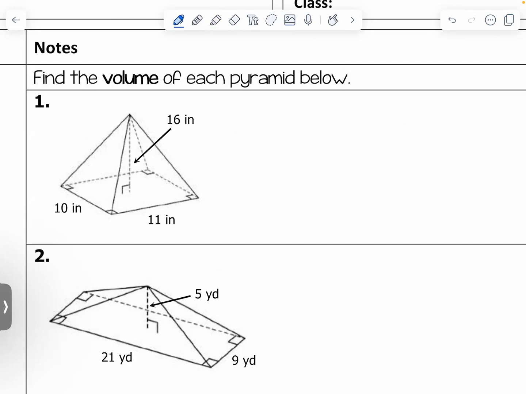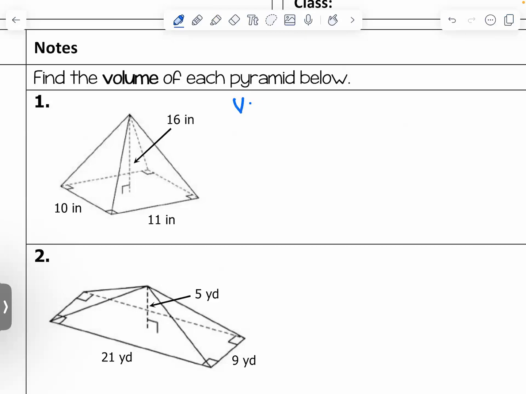Yep, we could have a pentagonal pyramid. It's a rectangle, I know, but if it was a square pyramid, it would be called square. Yeah, but it's called rectangular. Oh, I'm with you.